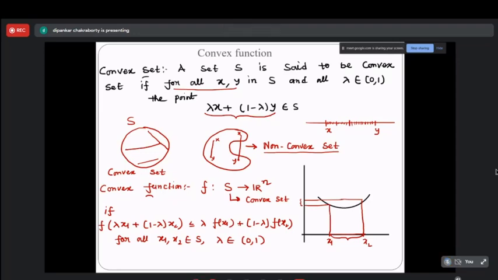Now, what I'm saying is that if we take any point in between x1 and x2, I can take one here. At this point, the functional value will always be lesser than this.